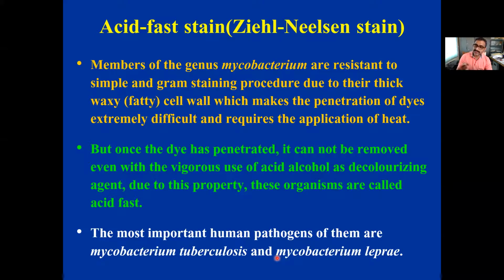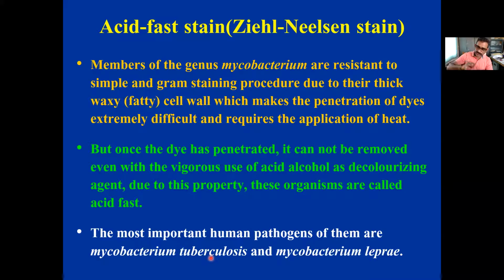Unlike that, even if you treat with strong acid, even if you treat with a solvent like ethanol or isopropyl alcohol, you cannot remove the stain. They pass the acid solvent test. Even acid cannot remove the stains. Therefore, these types of bacteria are called acid fast.